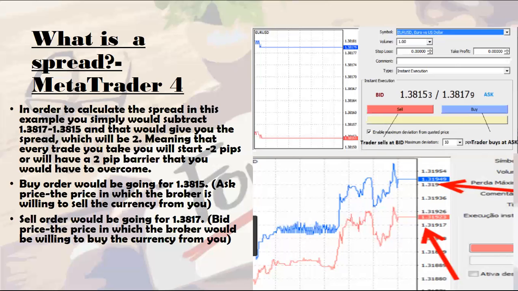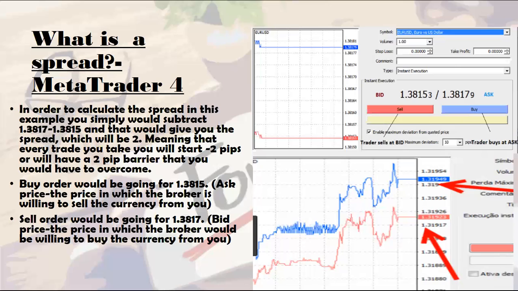Now, granted, you do get it right back if your trade goes in the right direction. But just keep that in mind whenever you guys are making orders. Spreads really aren't that big of a deal unless you're trading exotic pairs. Exotic pairs usually tend to have big spreads, like NZD versus the Swiss franc, or New Zealand CAD versus the Swiss franc, or the Swiss franc versus Aussie USD.